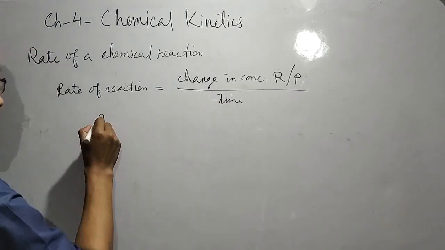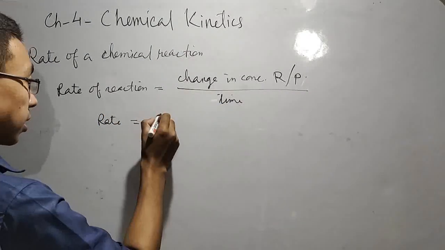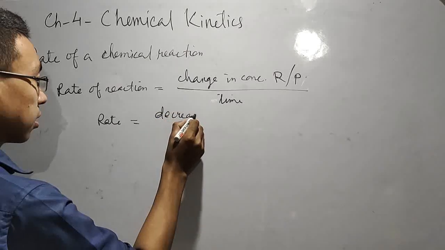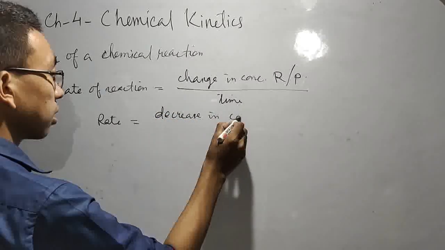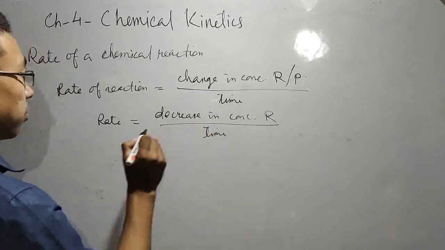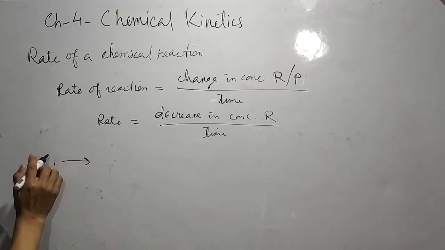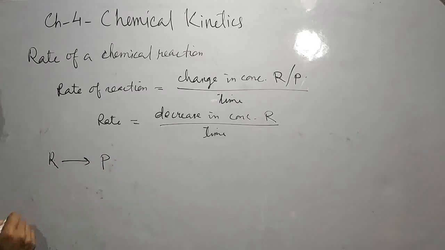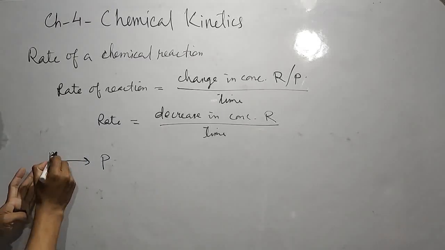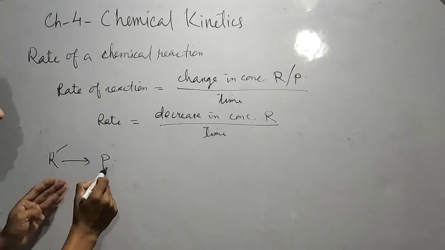Or we can write individually. If it is for reactant, we shall write decrease in concentration of reactant divided by time, because for any chemical reaction, if reactant is converted into product, then with time the concentration of reactant will decrease and the concentration of the product will increase.